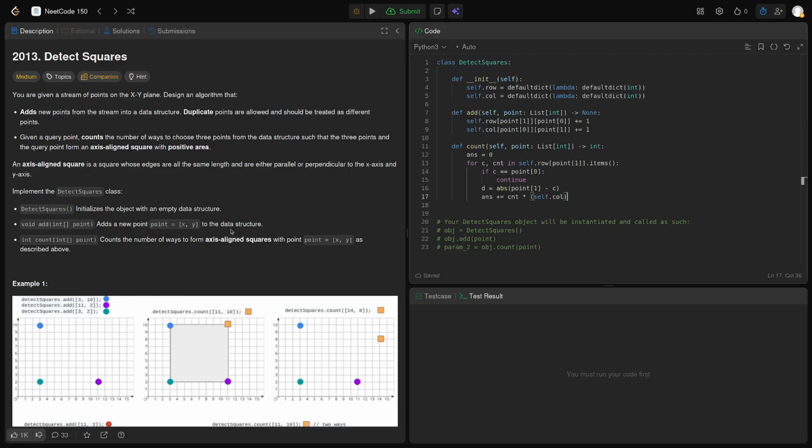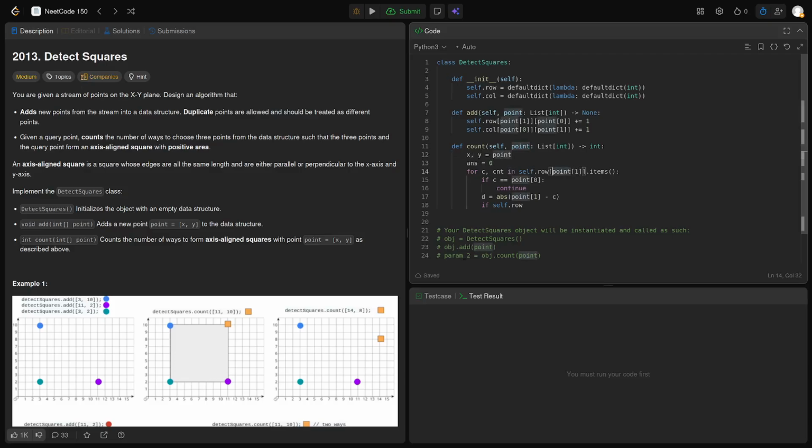Oof, that's tough, bro. I misread it. Not really that tough, but once we select that, I also need to check this, right? So if self.row, you know what, I'm going to do this as xy point because I can't be bothered to do this, right? So row is y, and if column is equal to x, and then this is y, right?